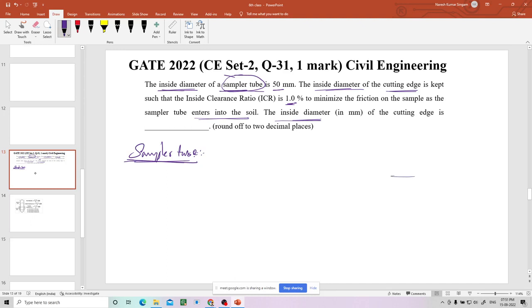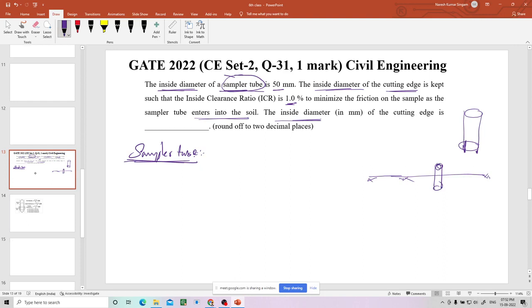Suppose you take soil. See, this is the ground. What do we do? A hollow cylinder, which has sharp edges at this point, is sent inside like this.